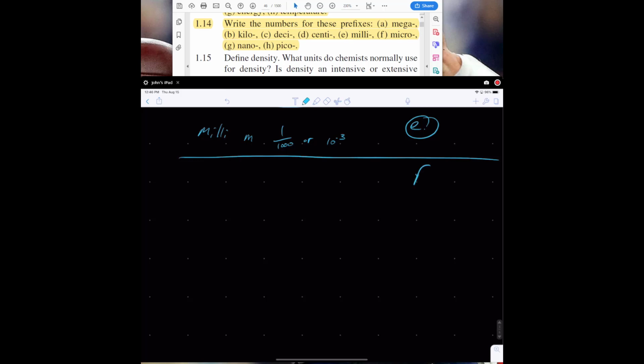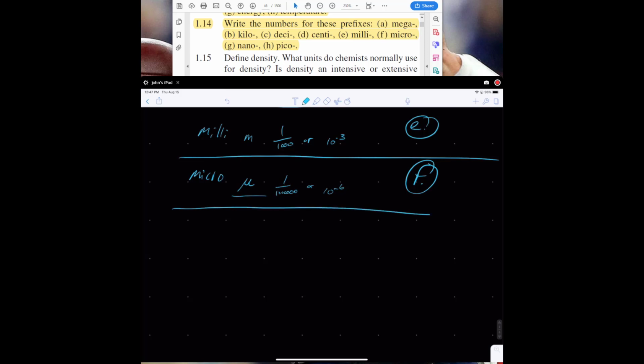F, micro. Micro is 1/1,000,000th, and this one here has an interesting symbol. It looks sort of like a U, but this front line in front of the U is a bit long. See? So 1/1,000,000th of a base could be written as this. Or it would be 10 to the minus 6th power.